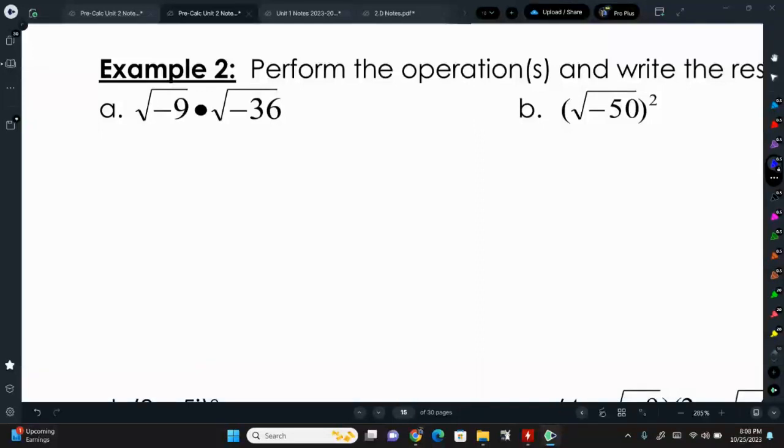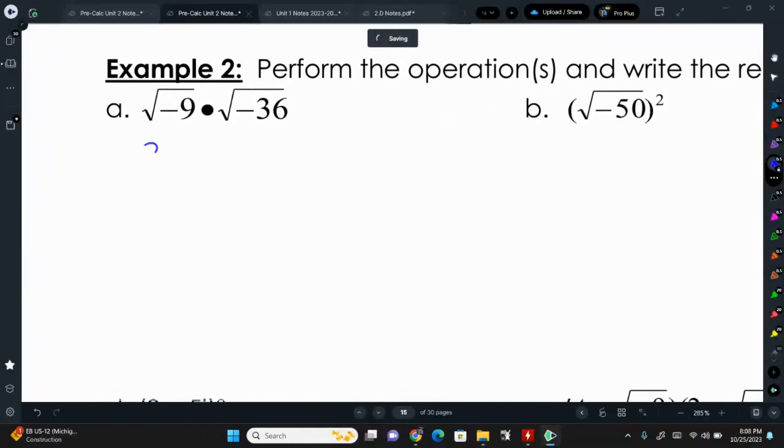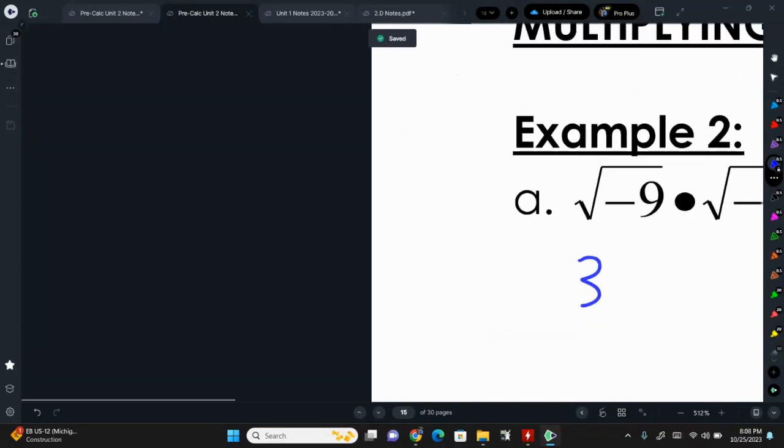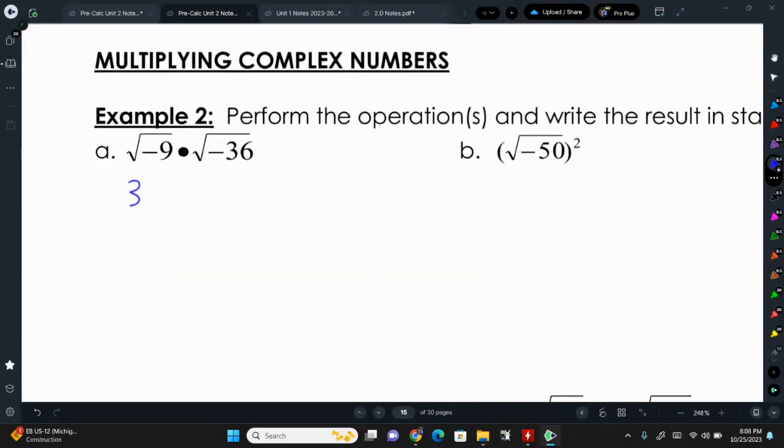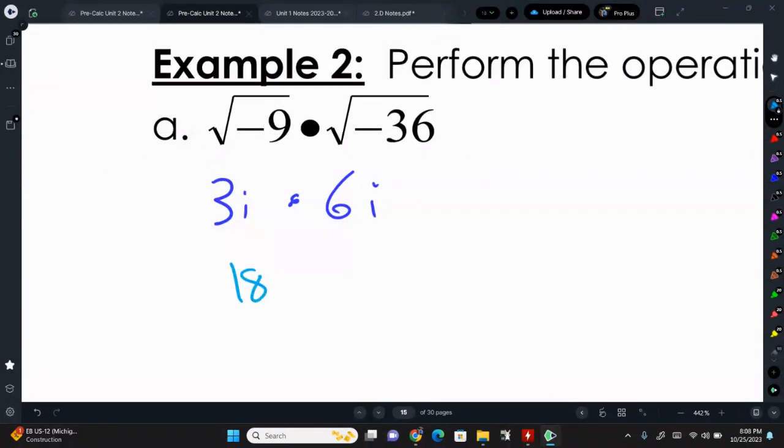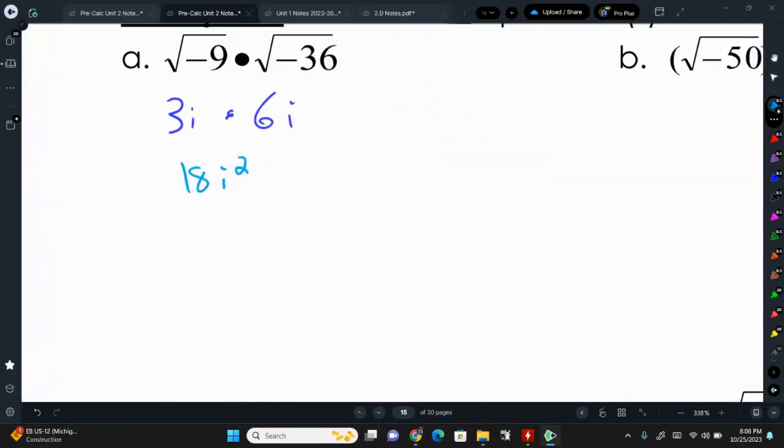The square root of negative 9 is 3i, times the square root of negative 36 is 6i. So 3i times 6i is 18i squared. Well, i squared again is negative 1. So we have 18 times negative 1, which is negative 18.